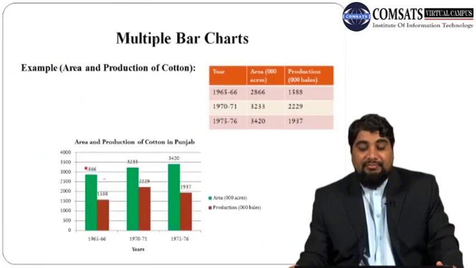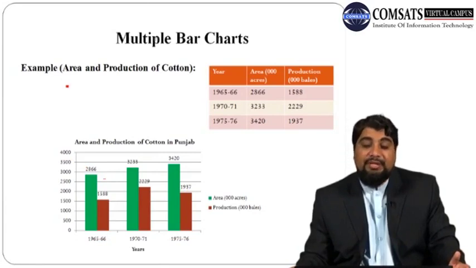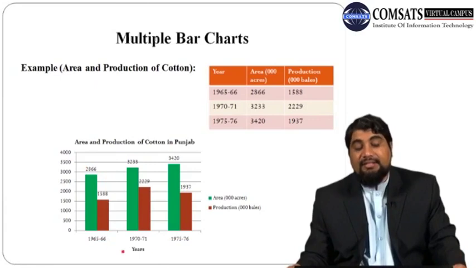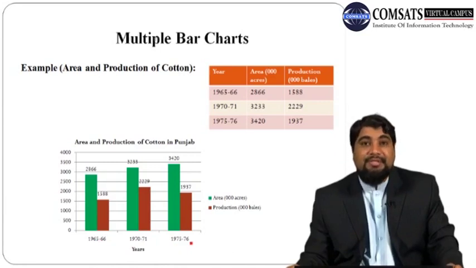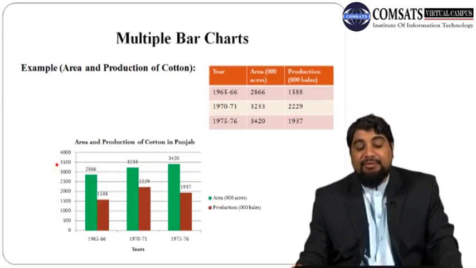Here is the chart, which is produced by Microsoft Excel. You can see that along the x-axis we have years 65 to 66, next 70 to 71, next 75 to 76, and along the y-axis we have the corresponding frequencies.